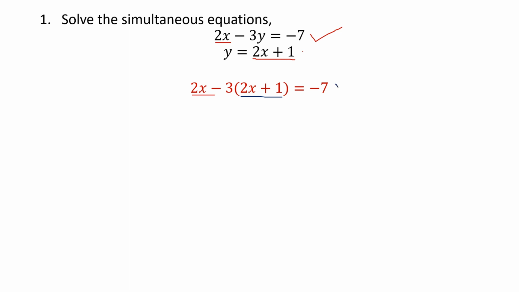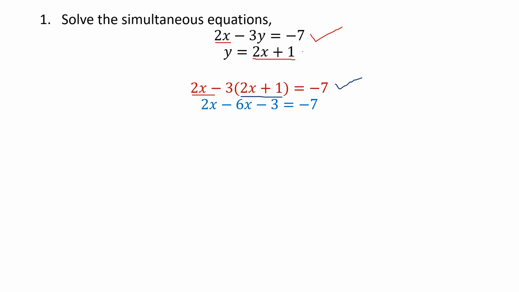So we now have a new equation. We are now solving this simple linear equation by first of all removing brackets. So if we remove the brackets here, 2x as it is here, then minus 3 times 2x, we get minus 6x, minus 3 times 1 is minus 3, and this is equal to minus 7.